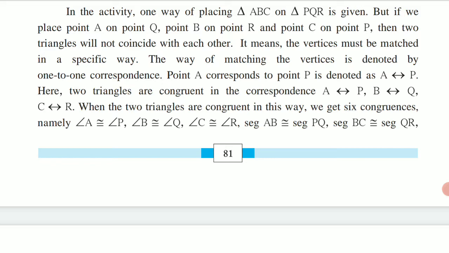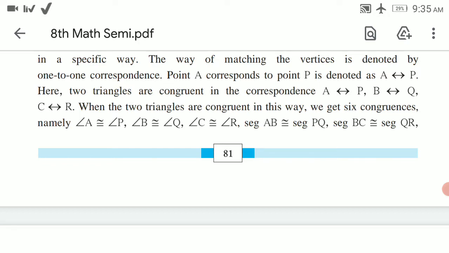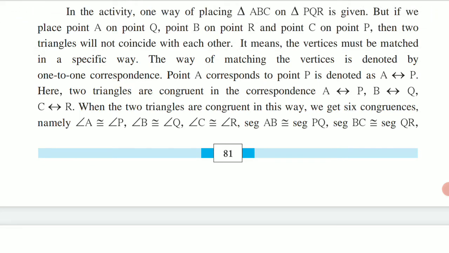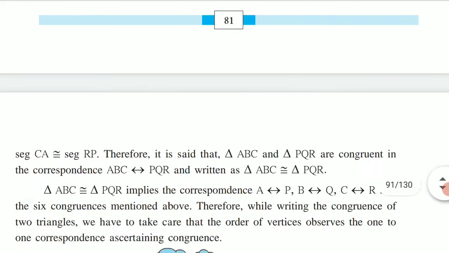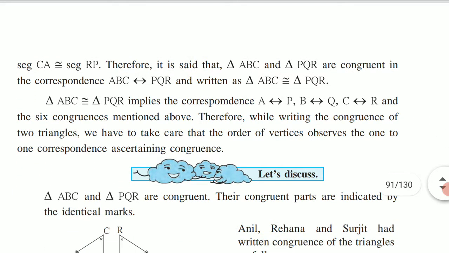When the two triangles are congruent in this way, we get 6 congruences, namely angle A congruent with angle P, angle B congruent with angle Q, angle C congruent with angle R, segment AB congruent with segment PQ, segment BC congruent with segment QR, segment CA congruent with segment RP.